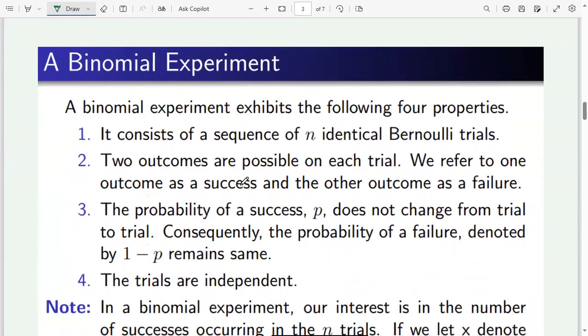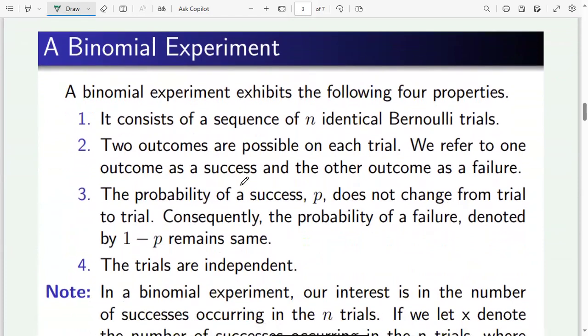Then, with the help of a Bernoulli random variable, I can construct binomial. It is basically a sequence of n identical Bernoulli trials. Think of it as n coin toss experiments. And in each experiment, two outcomes are possible. In the coin toss example, the two outcomes are head or tail, or success or failure.